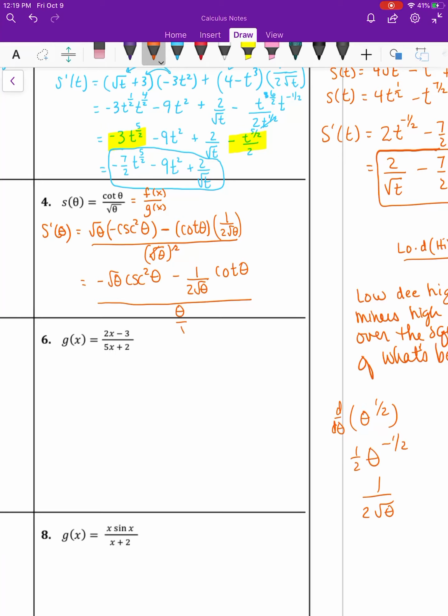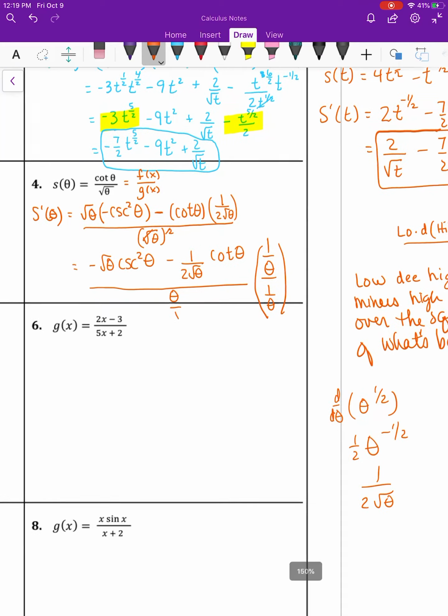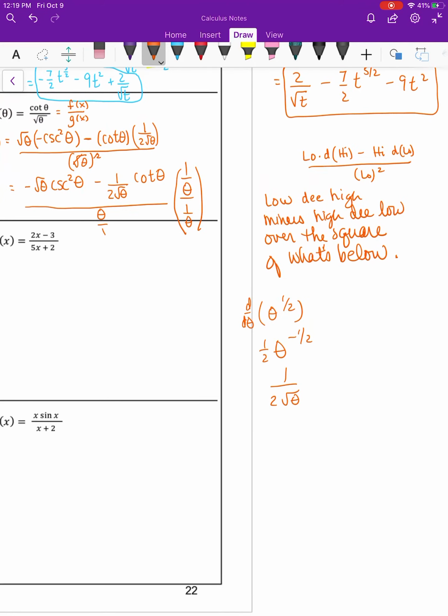So what you could do is say, well, I'm going to go ahead and get that theta up here, get it out of that complex fraction. And when I do that, this is a binomial, so it's going to have to be distributed times that times that.